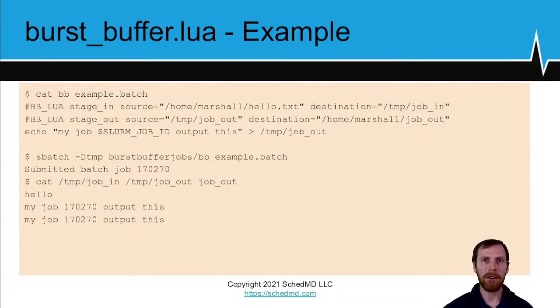The rest of the stuff after that, the stage in, source equals, and then the file, destination equals file, that is all going to be parsed by my burstbuffer.lua script, and I'll show that in the following slides. And the bottom half of this slide is just showing running the job and then showing the job output, how the script is moved, how the files are actually moved.